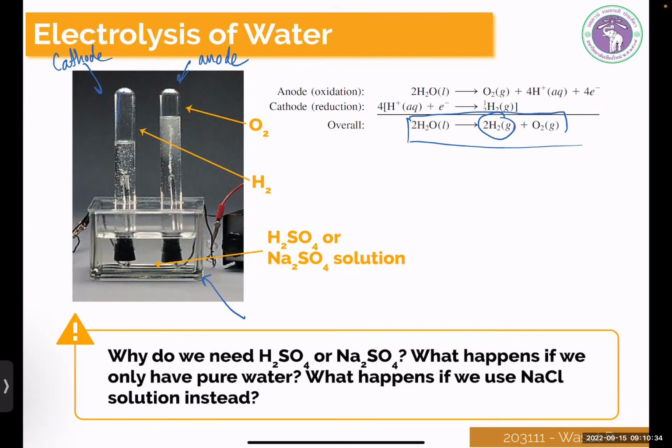I will get chlorine gas instead. When I pass electrical current into the water with sodium chloride, I will get chlorine gas at the anode.